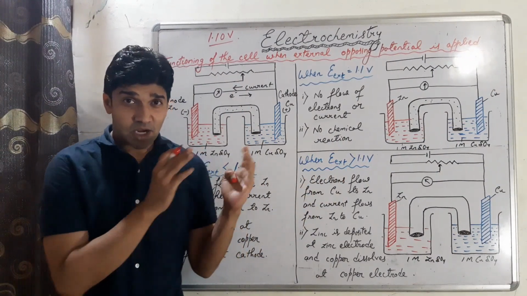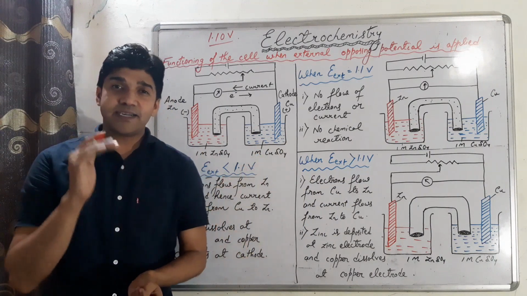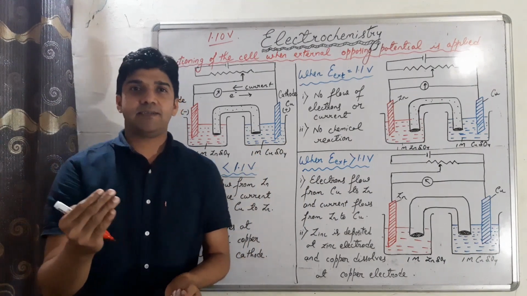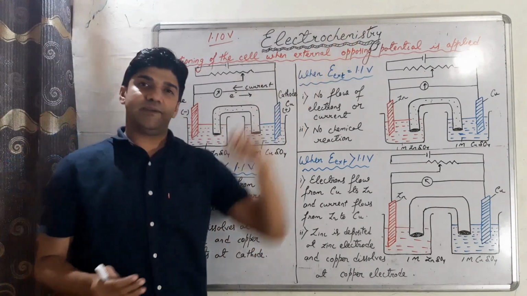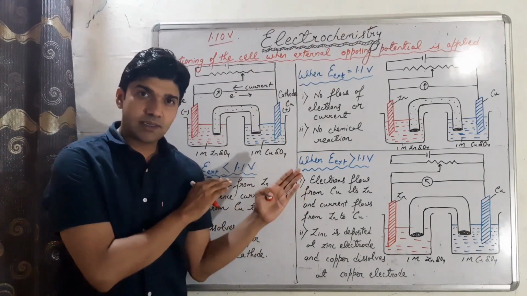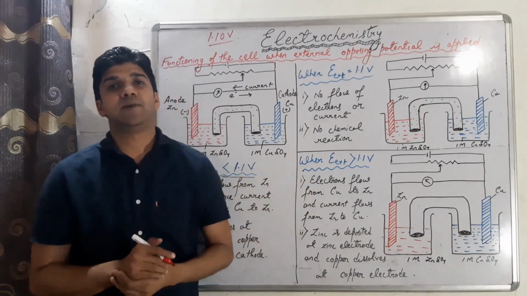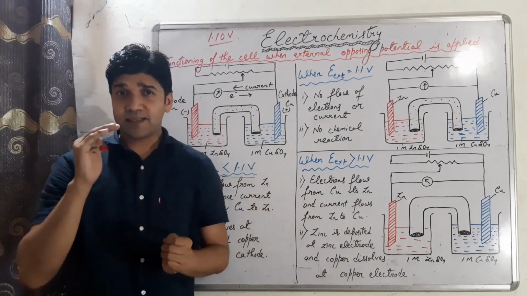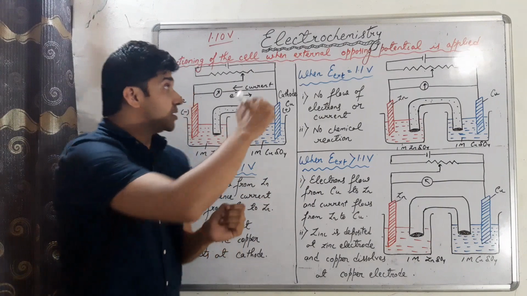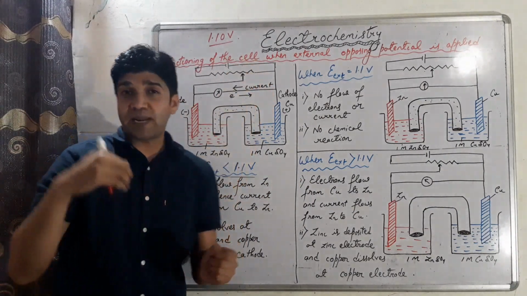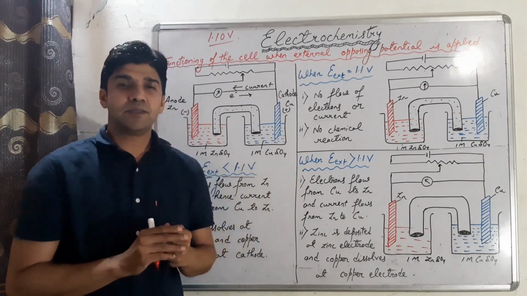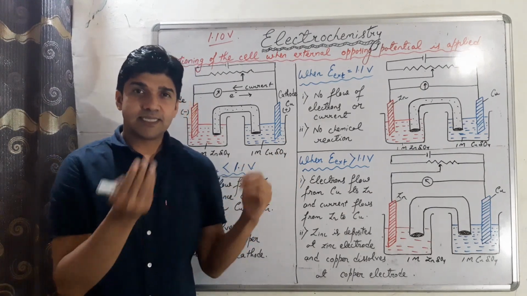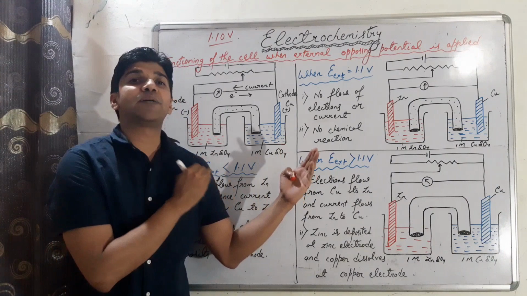Clear? Now we will see here what is the effect of external opposing potential on electrochemical cell, on this Daniell cell. मतलब अगर हम बाहर से पोटेंशियल अप्लाई कर रहे हैं Daniell सेल पे, तो उस पोटेंशियल का सेल पे क्या असर पड़ेगा?